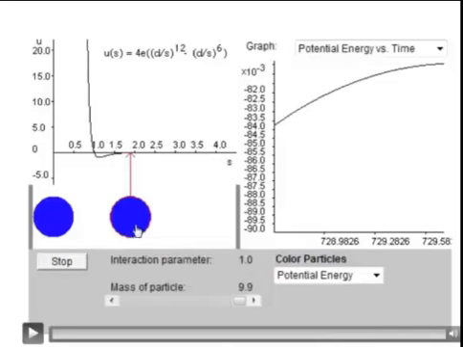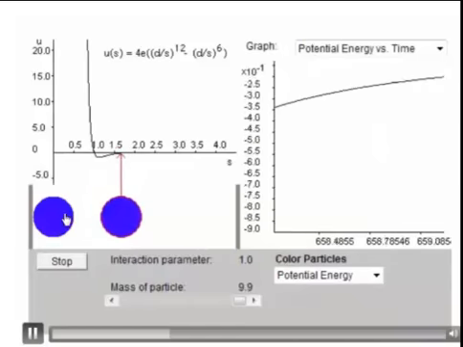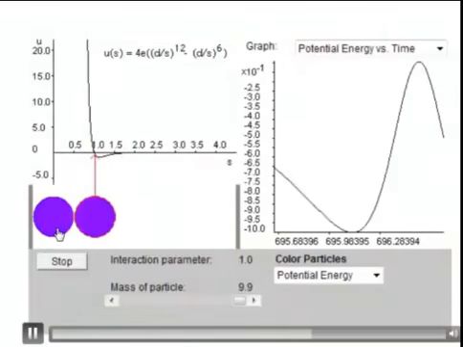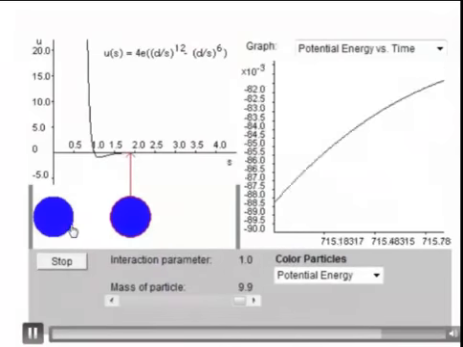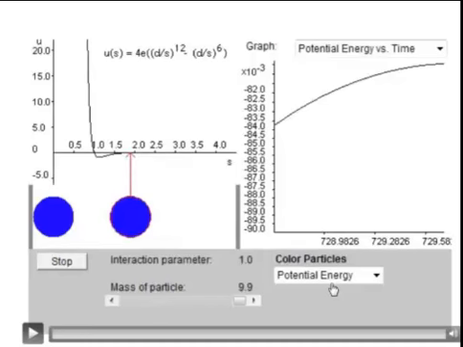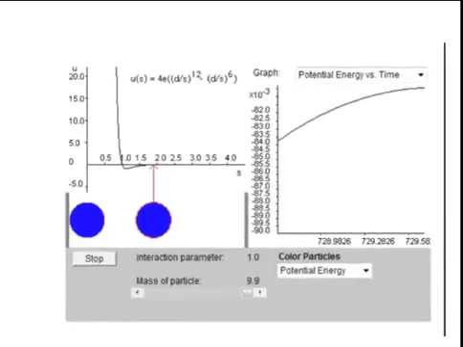So it goes like this, back and forth. As this part goes near, look at the change in color. It represents the sudden increase in potential energy that happens when the two become very near each other. So this is what's going on between the two particles if you could look at them at the microscopic level.